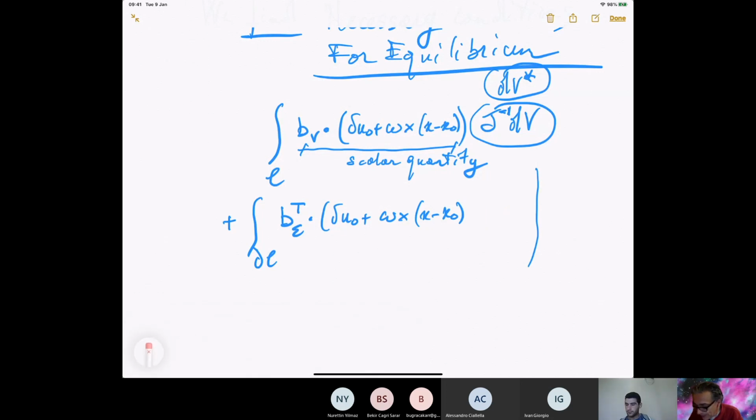we can replace the area. So we have a density, let's call it J superficial. In this moment, the value of this is not important, d sigma. So this is d sigma star.